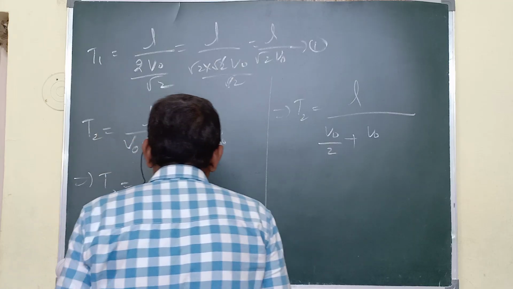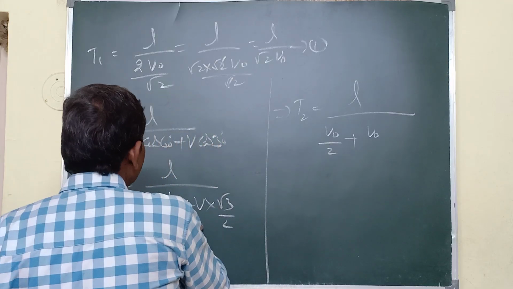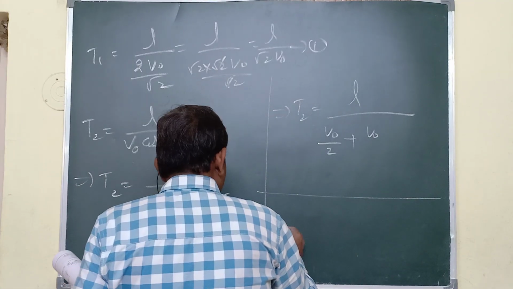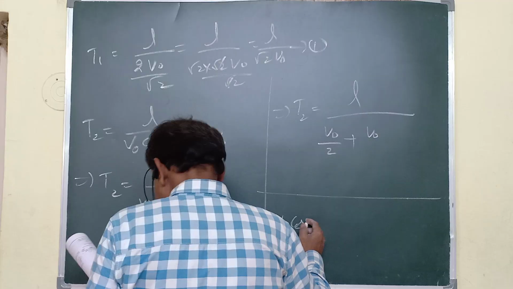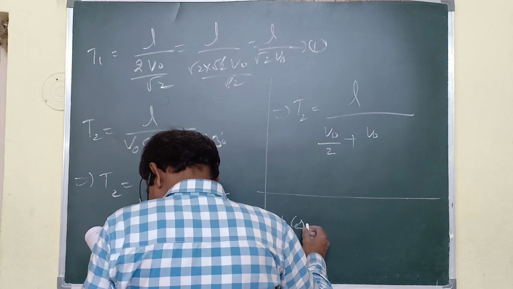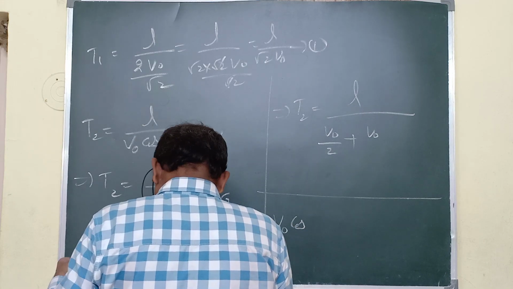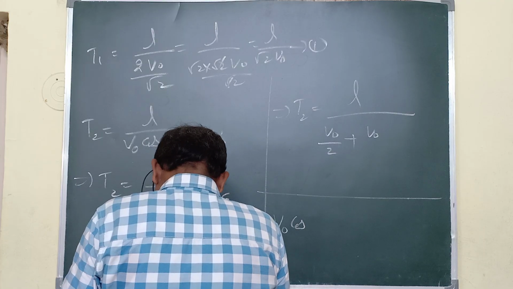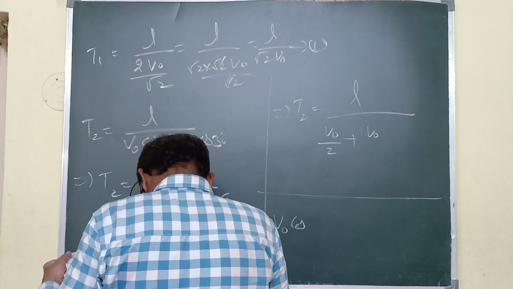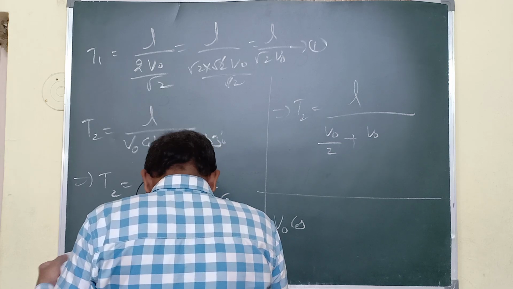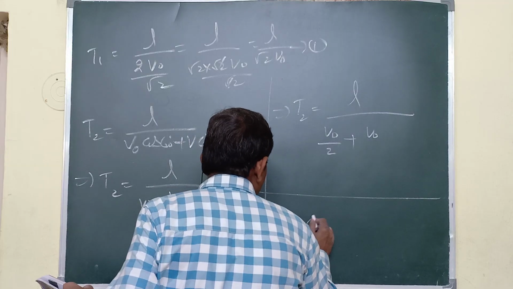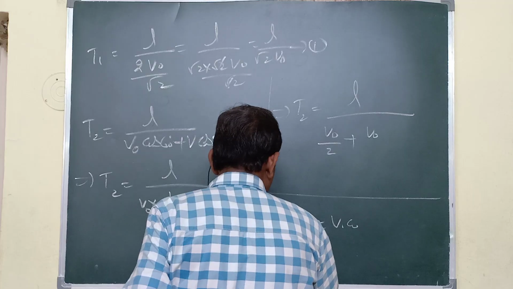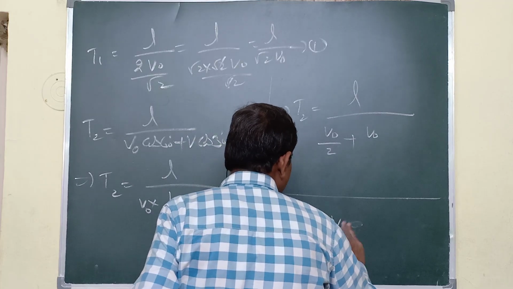Here V naught cos 60 equals V cos 30, and V naught sin 60 equals V sin 30.